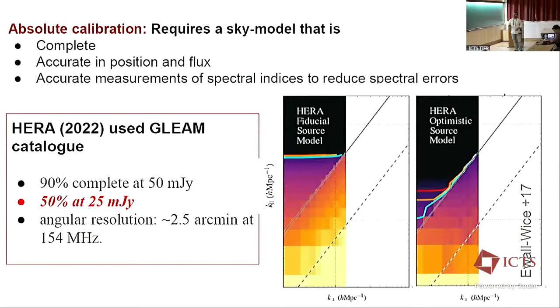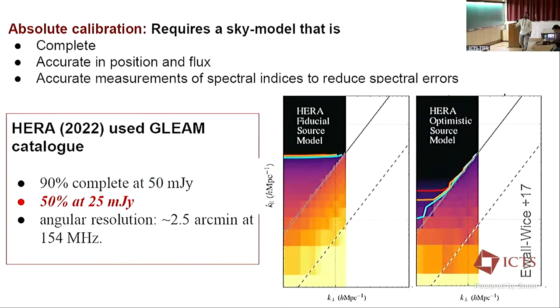This plot, I think Nitya presented just a few hours ago. It shows that if you have a better calibration sky model, if that is complete, if that is accurate in positions and fluxes, and if it has accurate measurement of the spectral indices and their errors, then you can use these regions also to probe the epoch of reionization 21 centimeter signal.